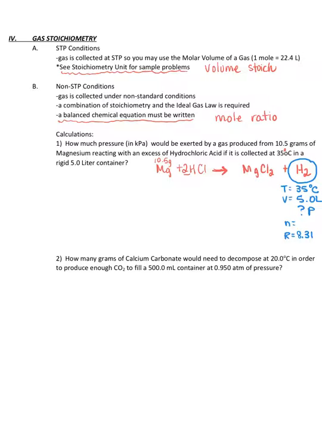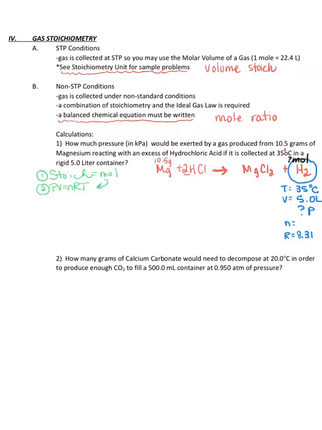So I know that I'm going to have to first use Stoich, then use PV equals nRT, because I'm going to have to use Stoich to get to moles, and then use those moles in my PV equals nRT.